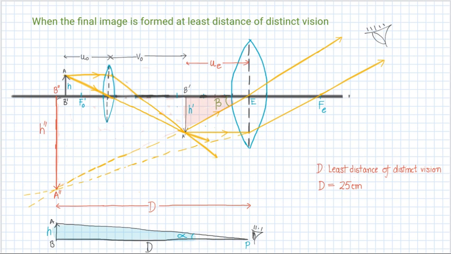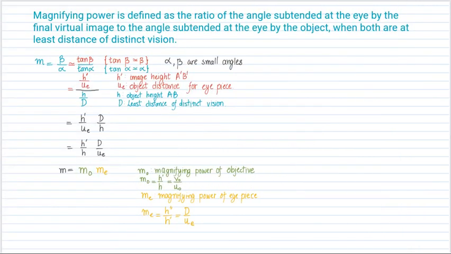So the total magnification produced by these two lenses should be the magnification produced by the objective and the magnification produced by the eyepiece, which I have written here. The total magnification M equals the magnifying power of the objective and the magnifying power of the eyepiece. Fine. So let me put this in a box. Fine. So this is the total magnification produced.